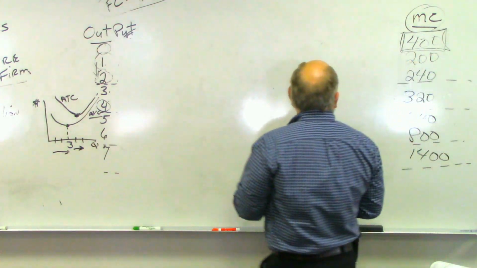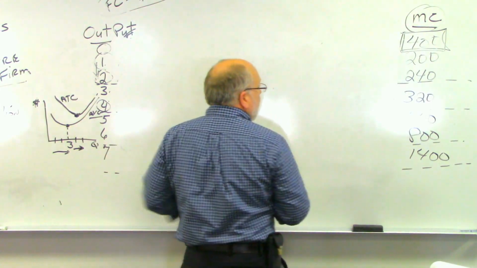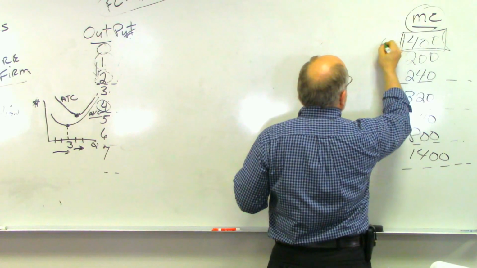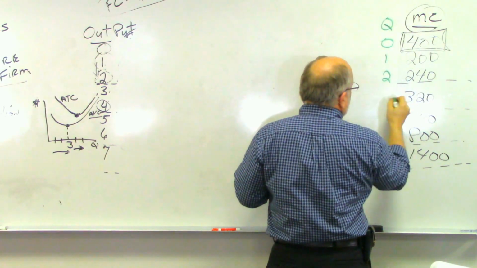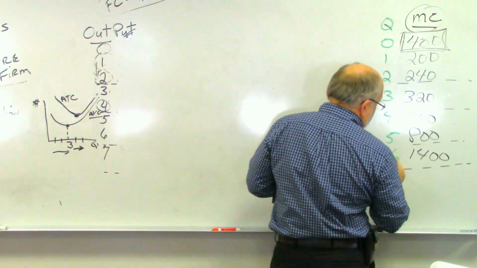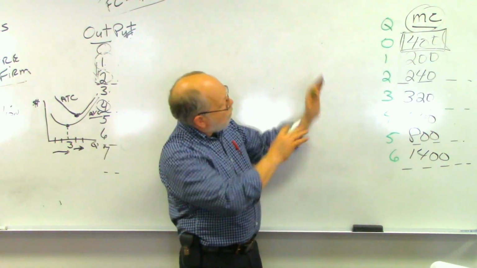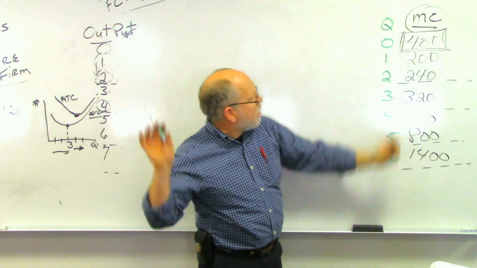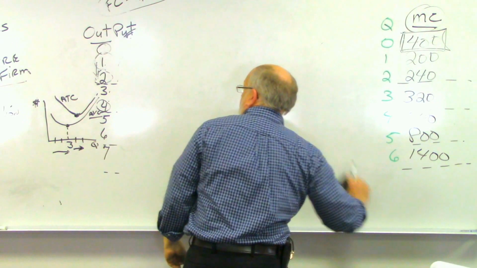Then I'm going to take my outputs over here. This is quantity, 0, 1, 2, 3, 4, 5, an output of 6. Now again, I had 7 down there before, but I had to move it up or down with our 0. I'm not sure which way to do it now. We'll just guess at that one. So I'm going to erase this.